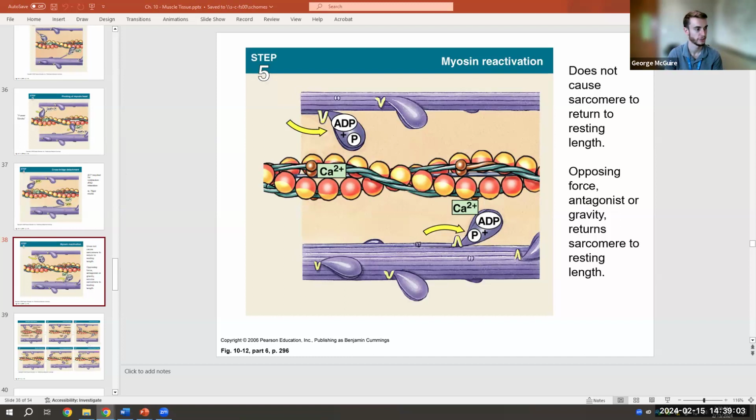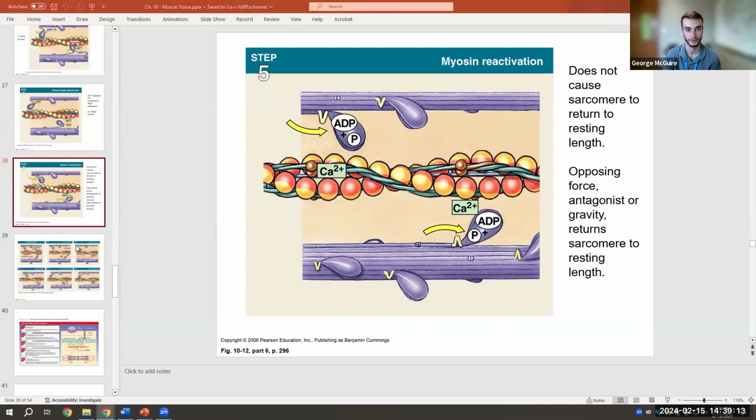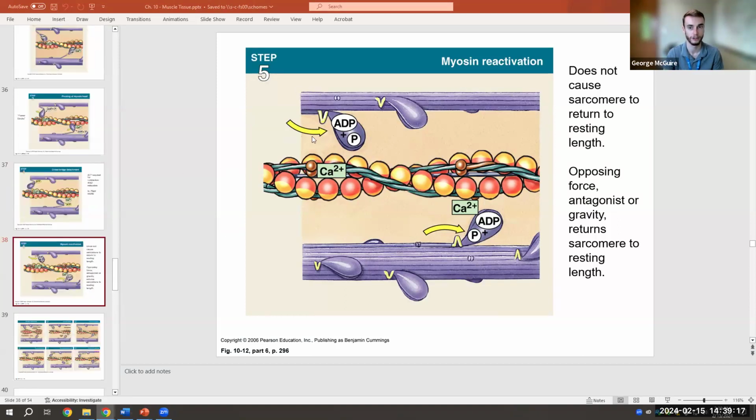So I'm not just researching while you guys are sitting here waiting for me. But the answer is I don't know. I don't know why or when calcium is released from the troponin itself. I do know that the sarcoplasmic reticulum kind of reuptakes the calcium from the sarcoplasm when the action potential has left and the membrane has gone back to its resting potential.